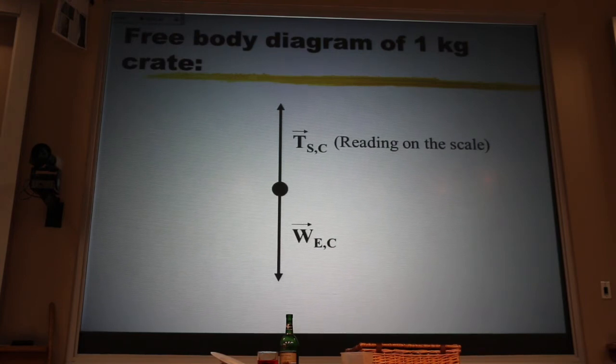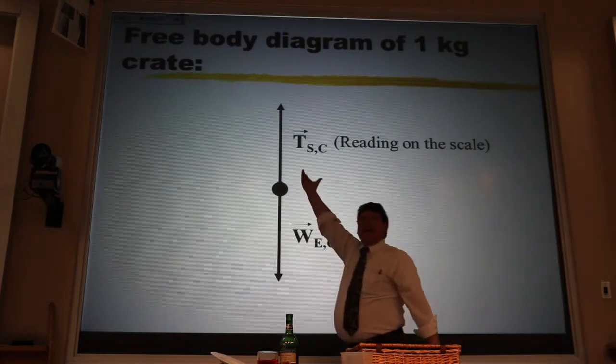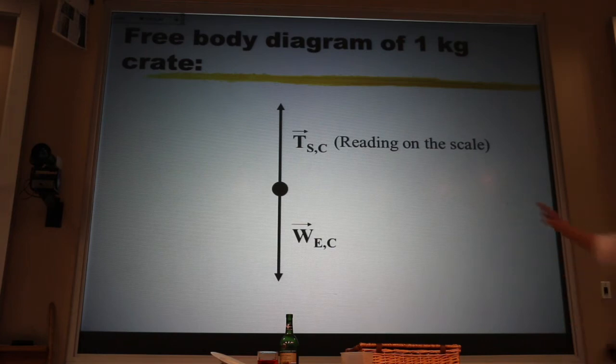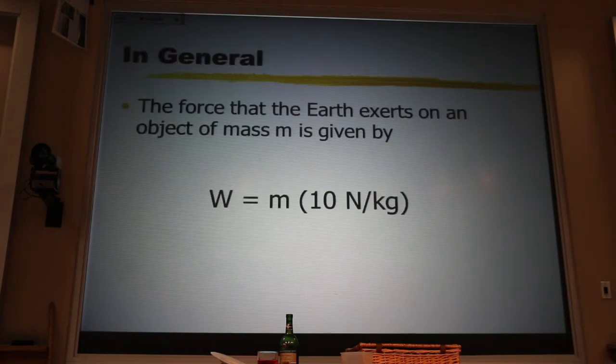Those two forces have to be equal to each other because those masses are not accelerating. They got zero acceleration. And if I plug 0 in for the acceleration, that means the net force has to be 0. That means all the force up has to balance all the force down. I've only got one up and one down. They have to be equal.